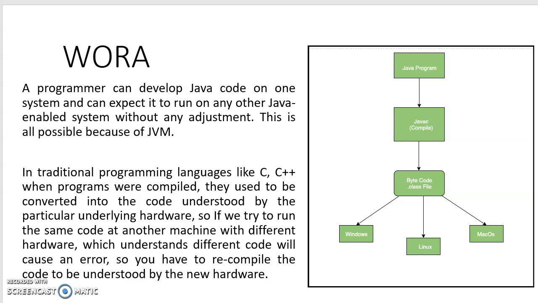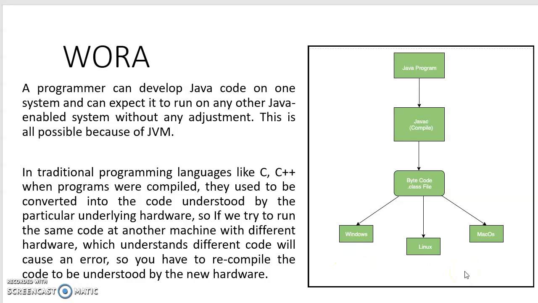We can look into this in terms of hardware differences, like a 64-bit processor or a 32-bit processor, or we could take it in the concept of different operating systems, like Windows, Linux, and Mac OS. So all these are three different operating systems.